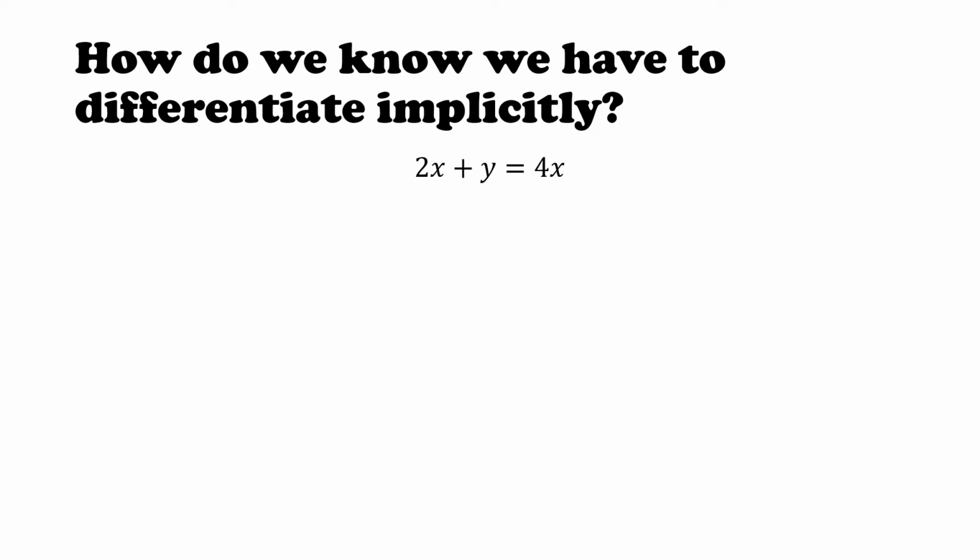The whole idea behind implicit differentiation is this. Generally when you differentiate a function, you differentiate in respect to x. So we perform regular differentiation, power rule if the power rule is required. Sometimes it will call for the product rule, the quotient rule, or the chain rule. But whichever means we choose, we differentiate normally.